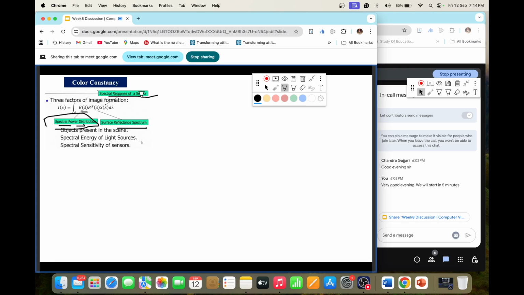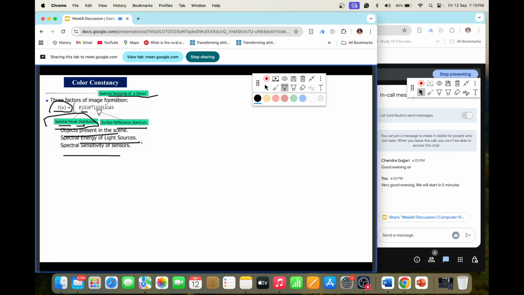So these are the three things important for the light property of any scene. First, the source is important; second, the object on which the light is interacting; and third, the sensor which is receiving light after reflectance. The object present in the scene, the spectral energy of the light source, and the spectral sensitivity of the sensor are all important to form the image. This I(x) is the image, and it is formed by three things.